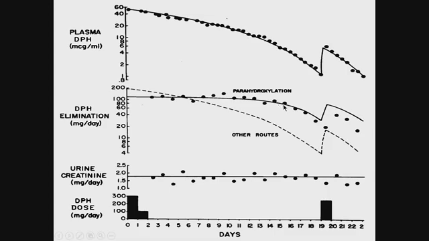And then we reach a point when the plasma concentrations begin to decline more rapidly, and also we see that the amount of metabolite recovered in the urine also diminishes. What this is indicating, and of course they're measuring urine creatinine to validate their urine collections, if you will, over time.